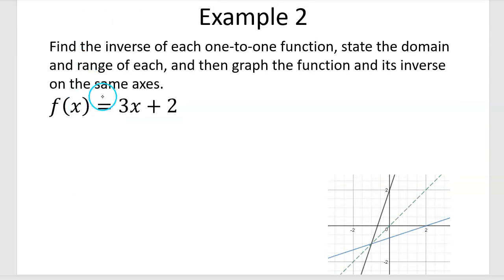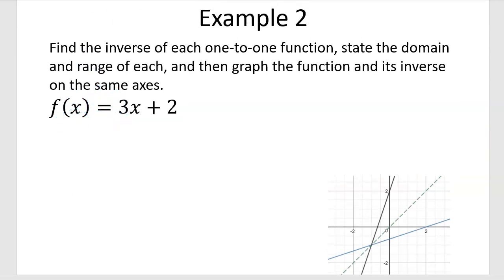So you see we have f of x equals 3x plus 2. This is a linear function, okay? And so we can go ahead and think about the domain and range of f of x, because we know what f of x looks like, right?